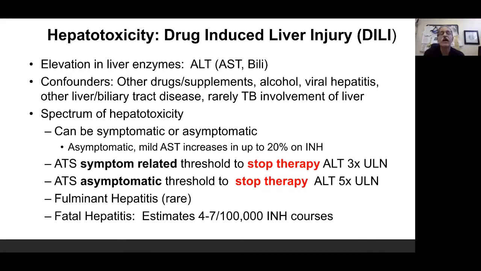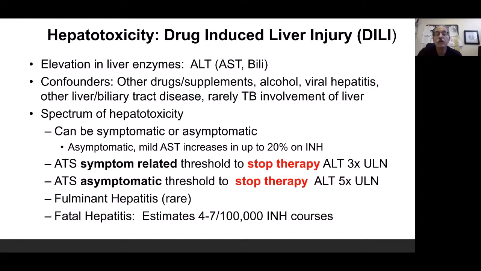And we know that up to 20% of people started on isoniazid have mild, non-significant transaminase elevations that don't require stoppage of therapy. The symptom-related threshold to stop therapy is an ALT more than 3 times the upper limit of normal. The asymptomatic threshold is an ALT more than 5 times the upper limit of normal.